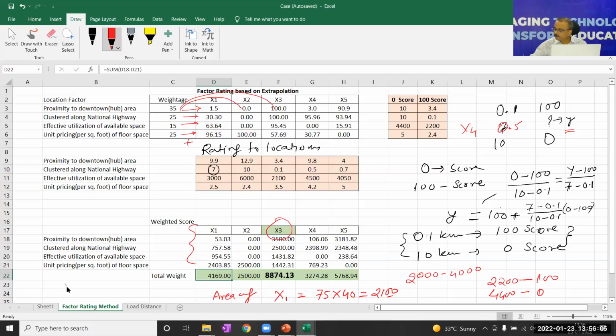So this is nothing but the factor rating method. Is it clear? If anything is not clear here, you can ask. Okay, if this is clear, then we will stop our discussion for today's session here.